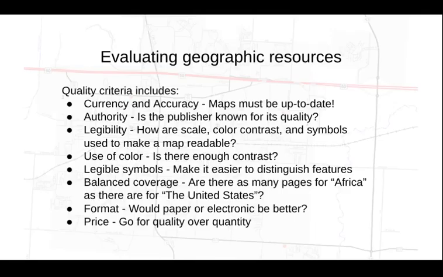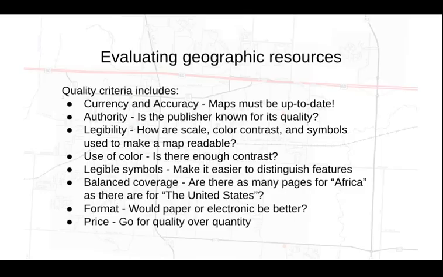Some quality criteria for evaluating geographic resources include: How current and accurate is the map? Does the publisher have a reputation for quality? How readable is the map? Is there enough color, and is it easy to distinguish the various features?